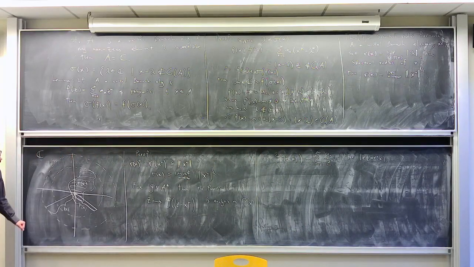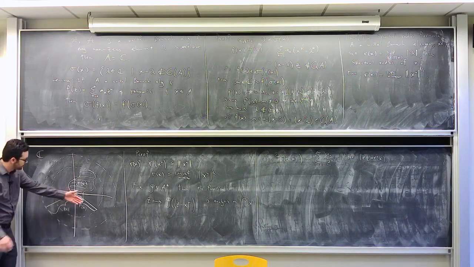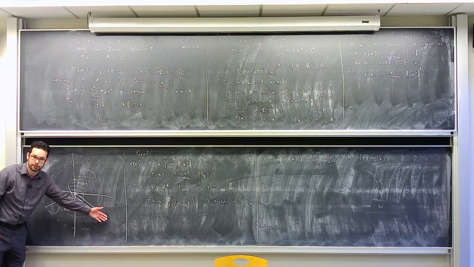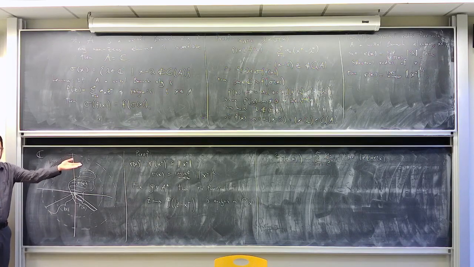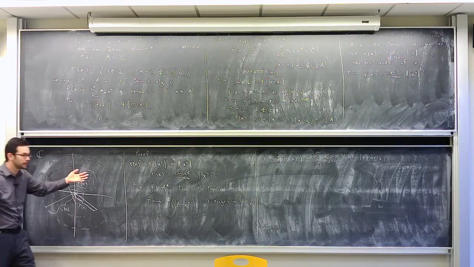Okay. But on the other hand, if we're larger than the norm of x in magnitude, then we also know that it's invertible, and we have an explicit formula for the inverse, namely the geometric series.